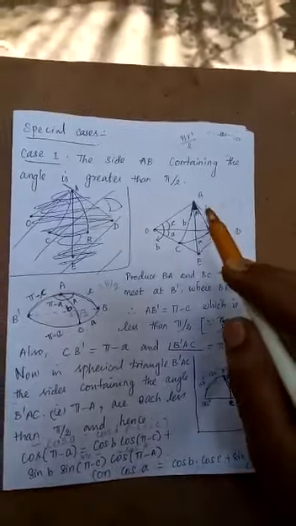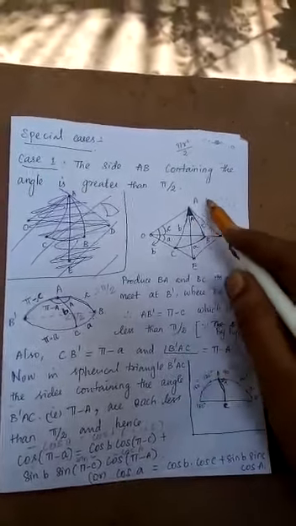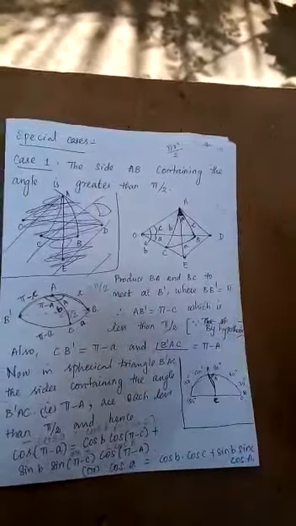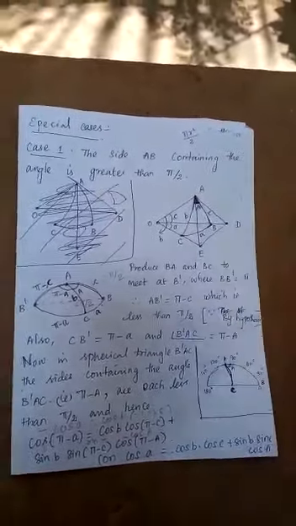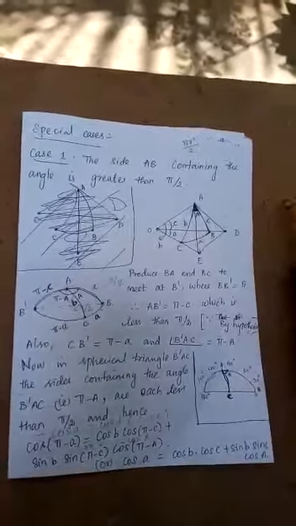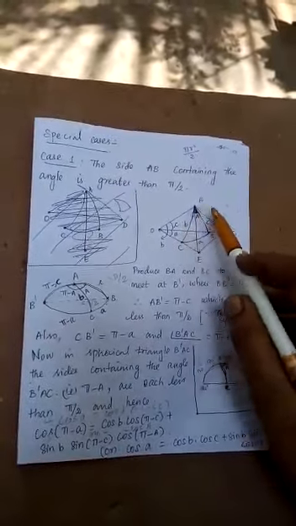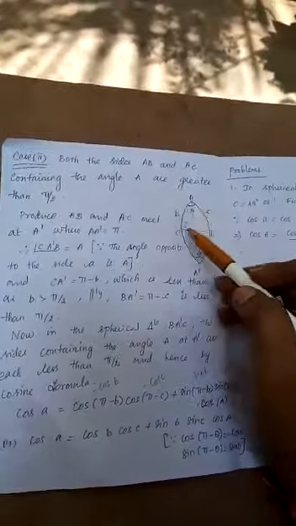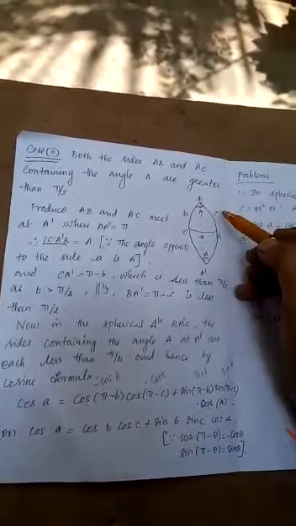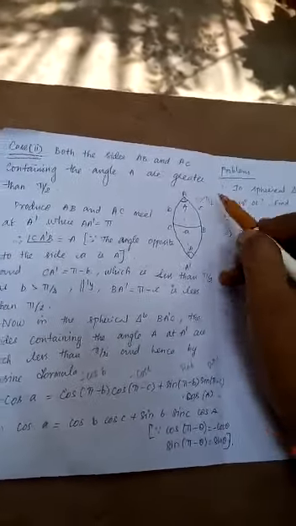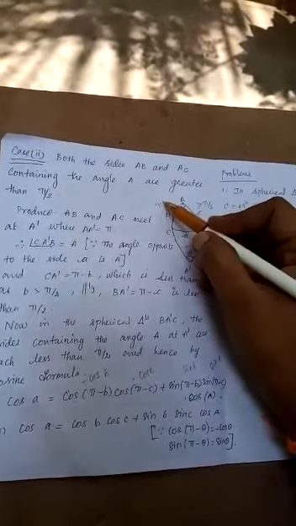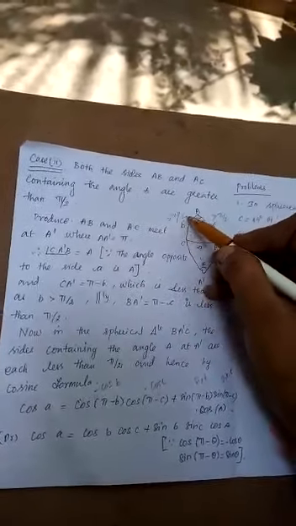For any spherical triangle ABC, the two sides containing an angle A must be less than pi by 2. If one of the sides is greater than pi by 2, that is case 1. The other case is that both sides are greater than pi by 2. Similarly, in a spherical triangle ABC, this side AB is greater than pi by 2 and this side AC is greater than pi by 2.